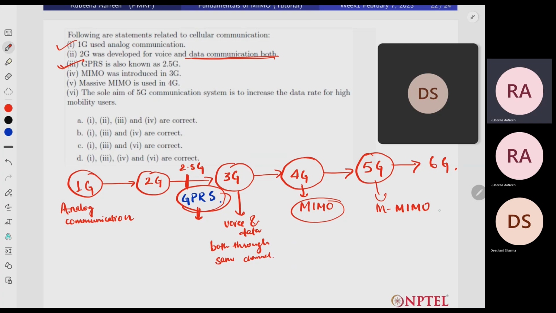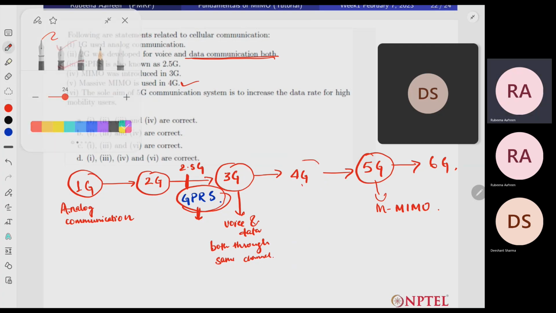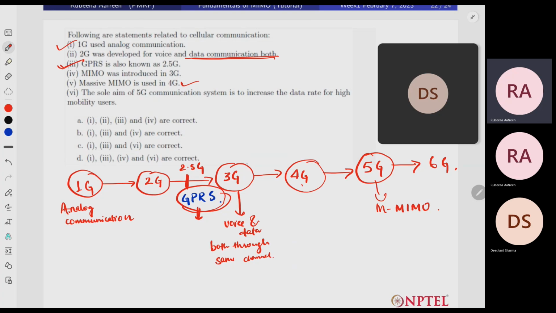So this statement is not correct. Massive MIMO is not used in 6G. There is one fault here. MIMO was introduced just after 3G. So at the time when 3G was getting used, we started using MIMO. So this fourth one is also correct. So from here we can see that option B is correct. 1, 3, and 4 are correct.